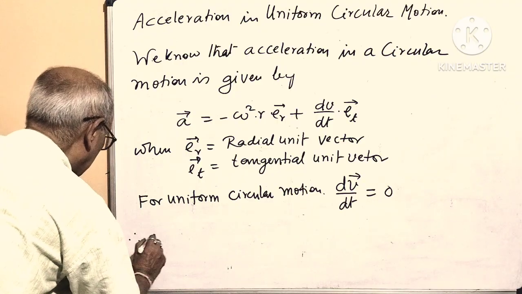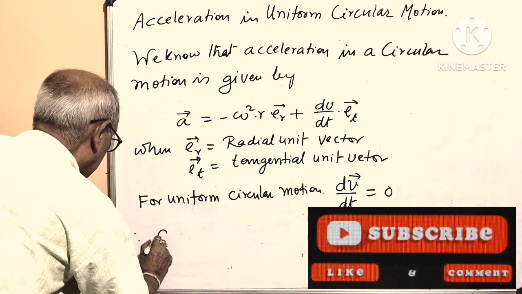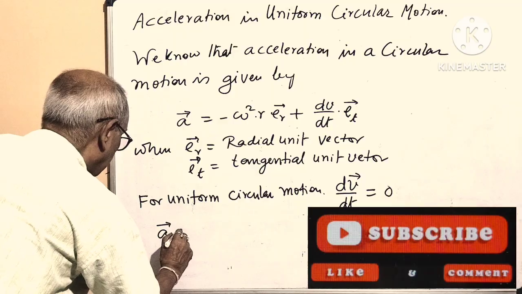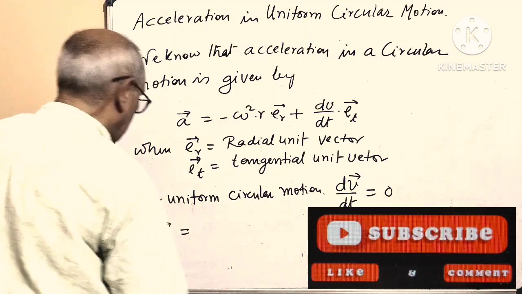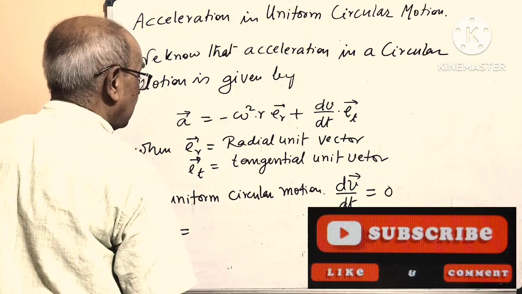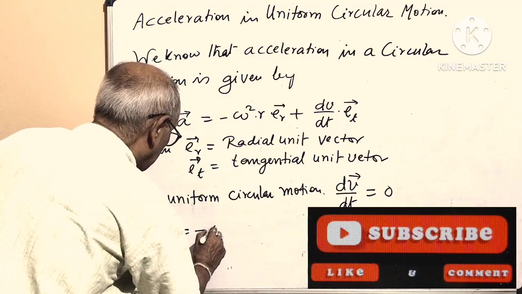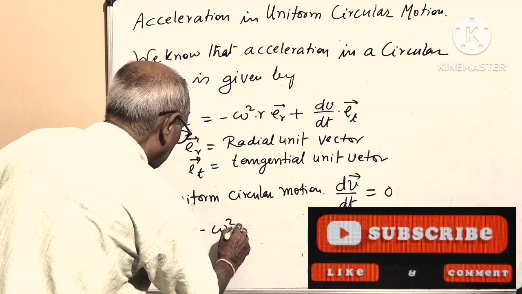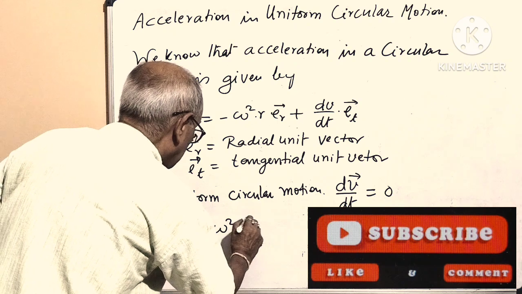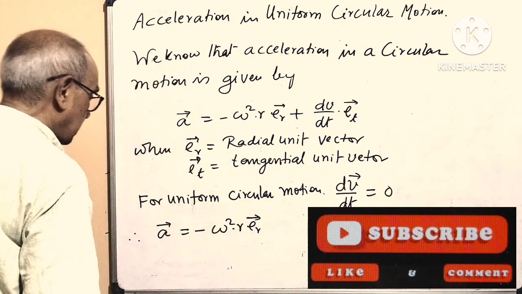Therefore, acceleration for uniform circular motion is equal to minus omega square r unit vector.